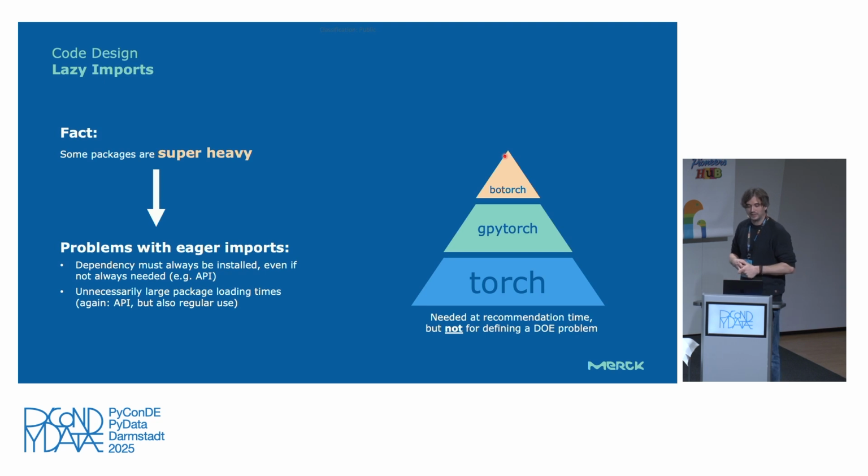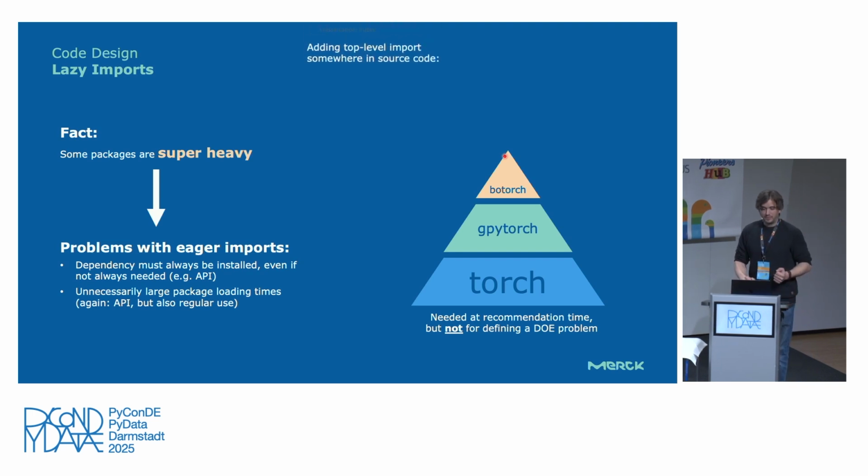And you don't want to always have to rely on these libraries at runtime. You don't want to even import them if not necessary, because imagine you run this behind an API. You want your API, for example, to only check if your BayBE configuration is valid. No need to import that costly dependency.